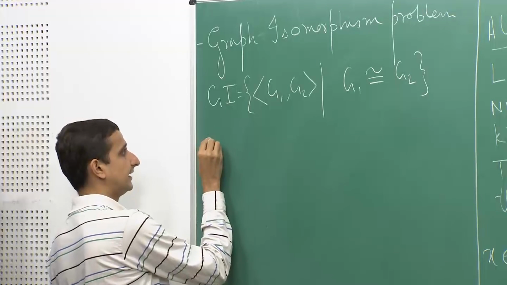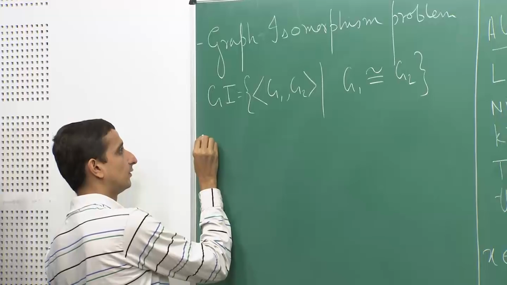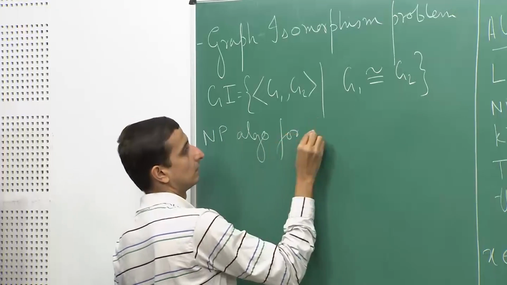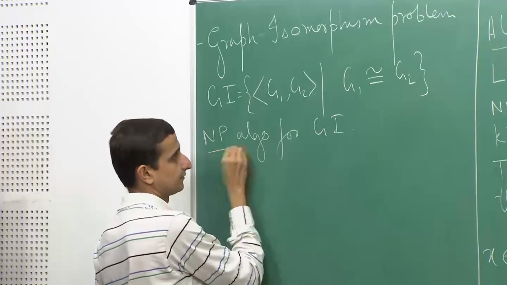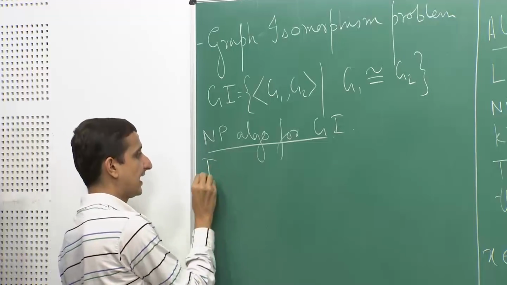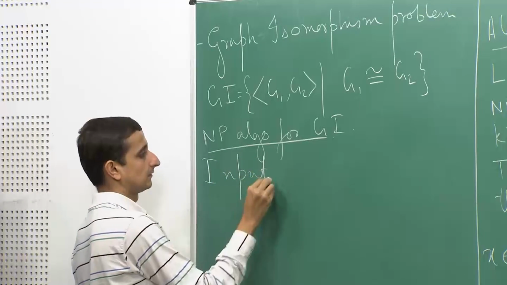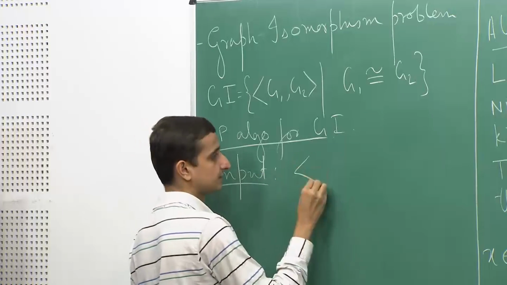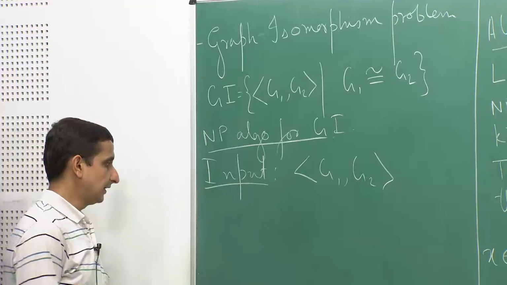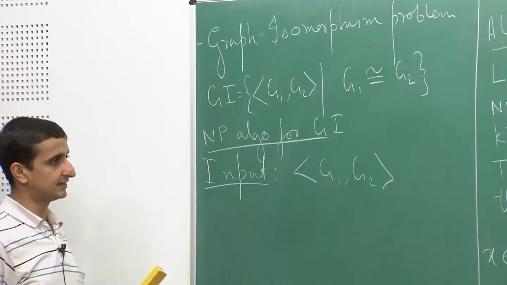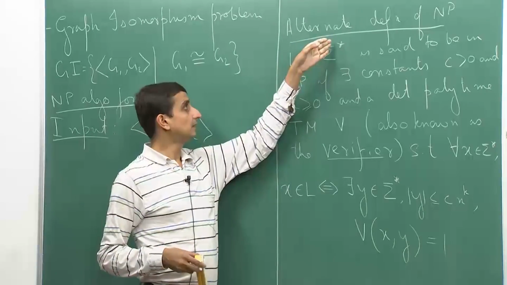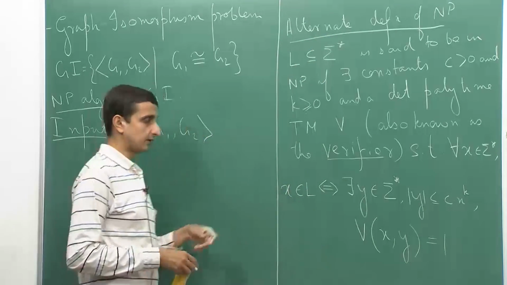What we will do is give an NP algorithm for graph isomorphism, and it is not very difficult. As input we have two graphs G1 and G2, and we have to prove it is in NP. To prove this, let us use the certificate based definition of NP that we saw.